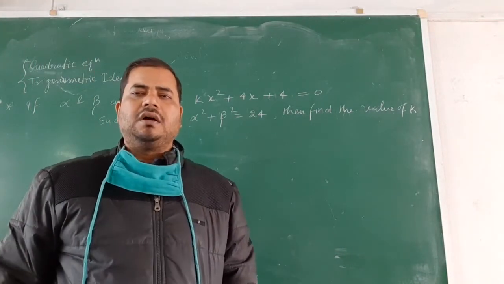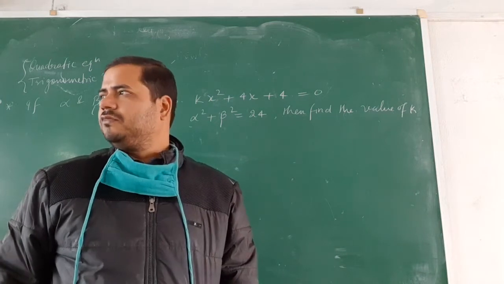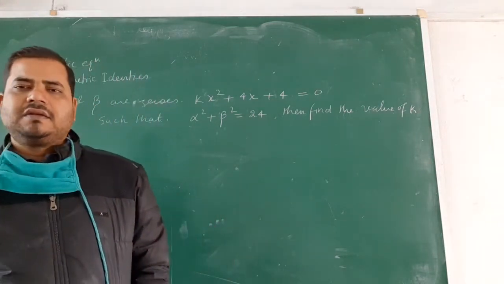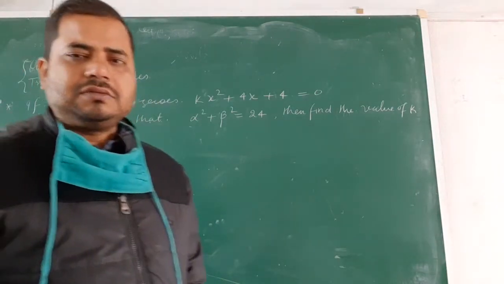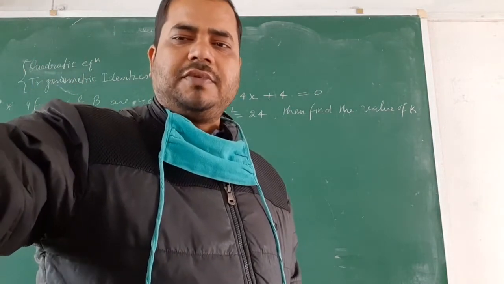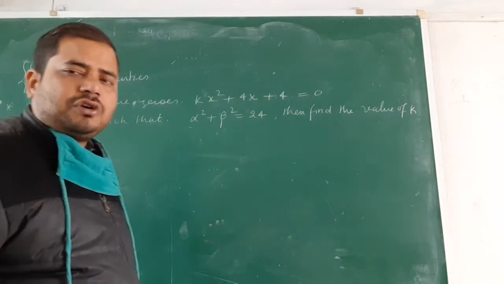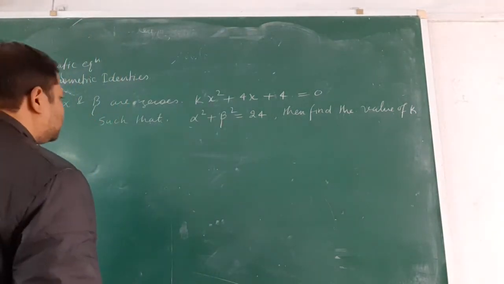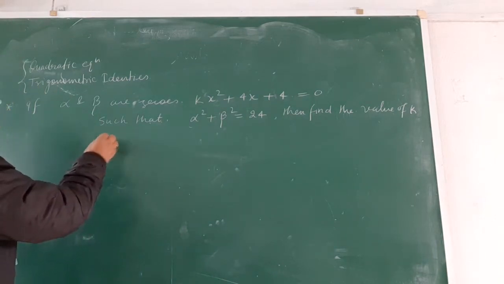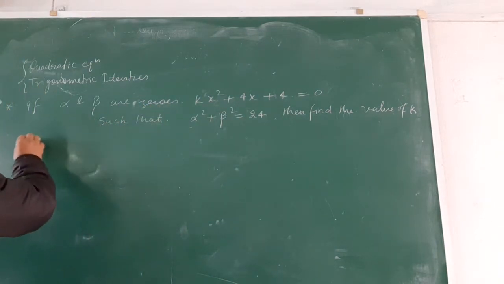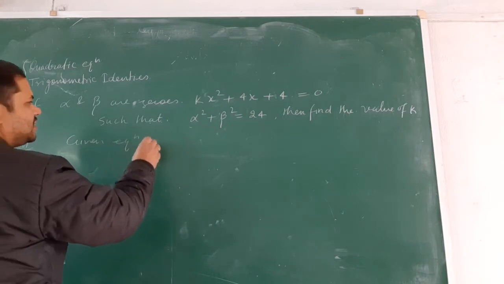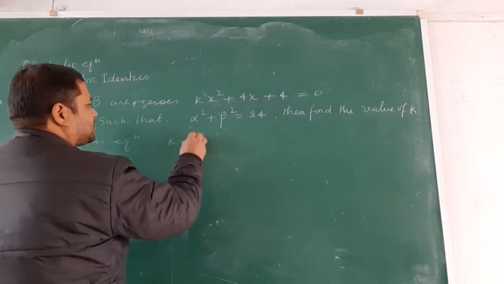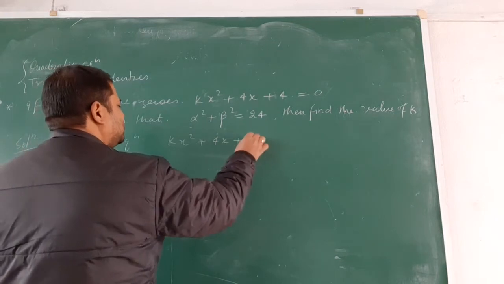Okay, you may try it. If you are not able to solve it, then afterwards I will tell you. So first you try to solve it. How to solve this problem? First of all, if alpha and beta are the zeros of the given equation, write the given equation: kx square plus 4x plus 4 is equal to 0.